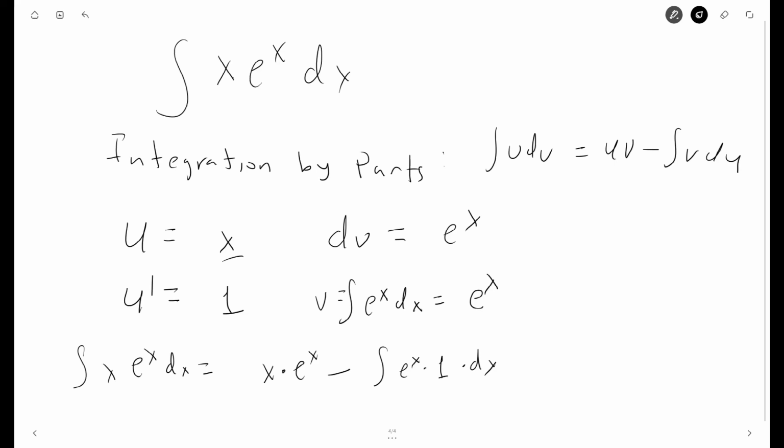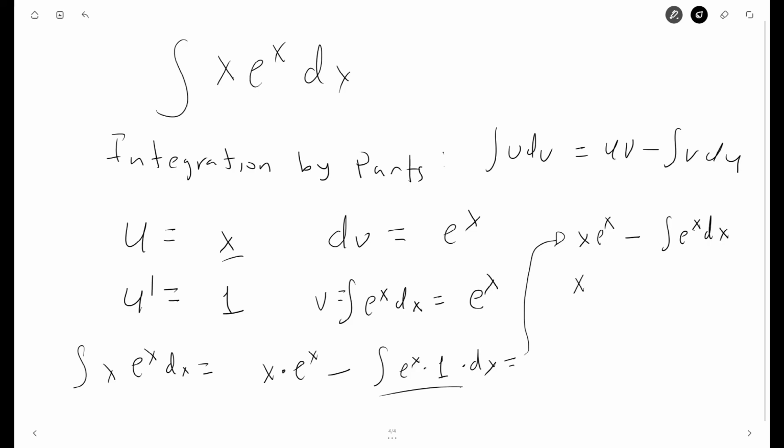Okay, now we integrate this part here, so we have x e to the x minus the integral of e to the x dx.